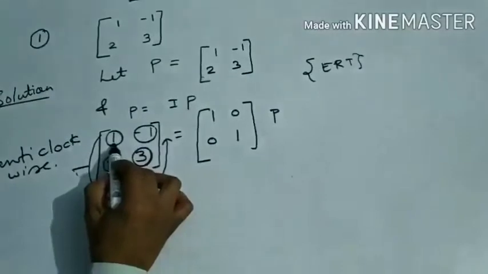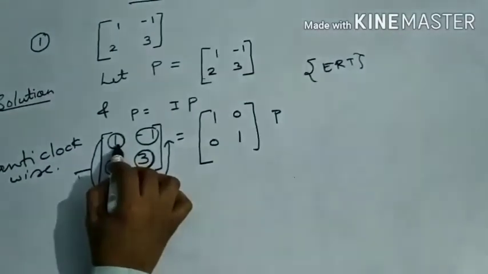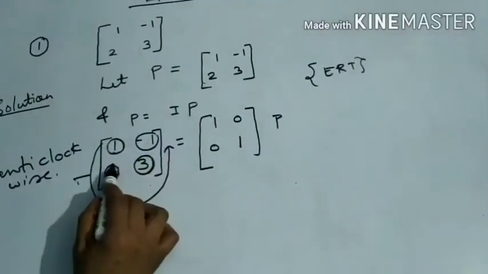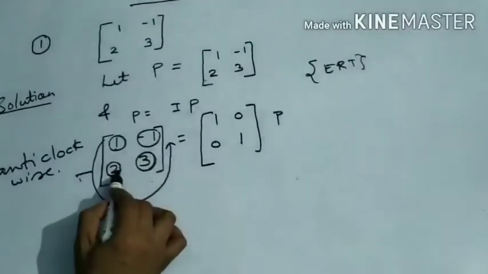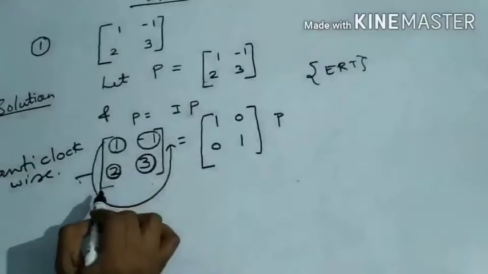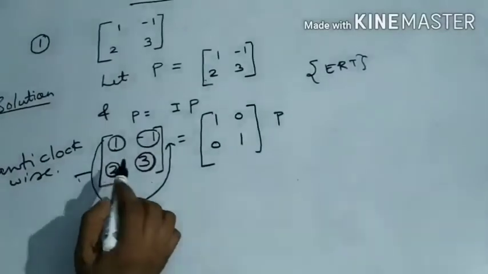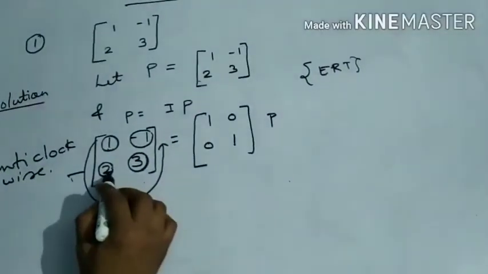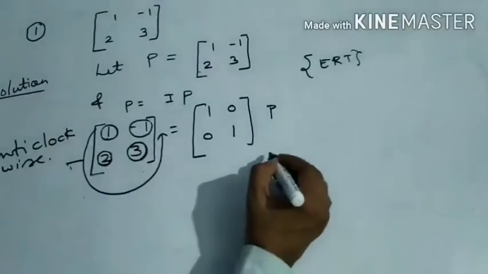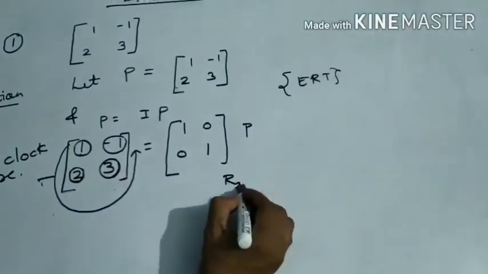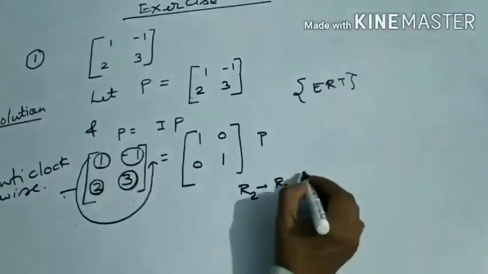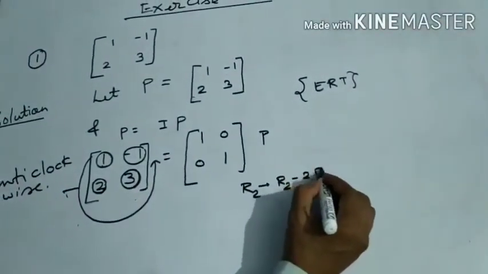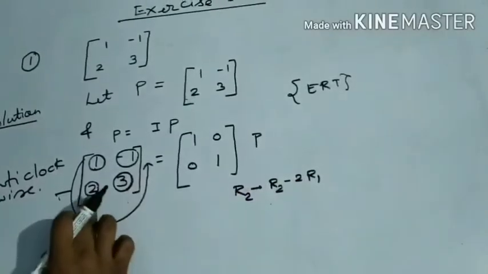Here 1 is given, so there is no problem. Now here 2 is given, and we want to make this 2 into 0 by using elementary row transformation. How can we do it? In the second row, R2, if we do R2 minus 2R1, then this must become 0.